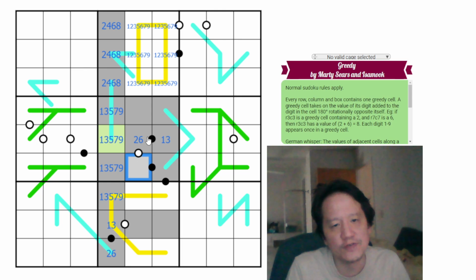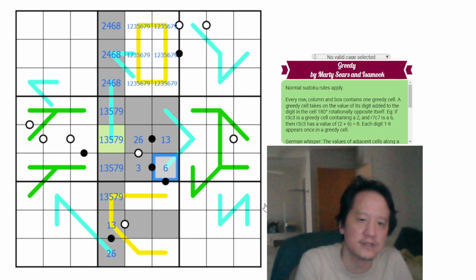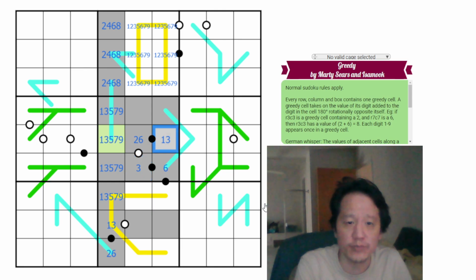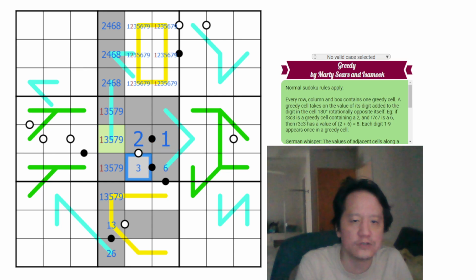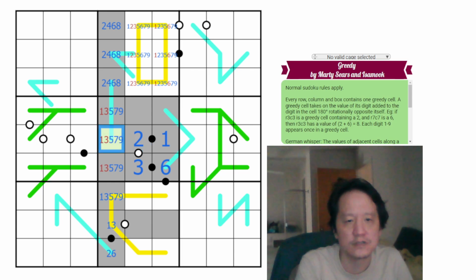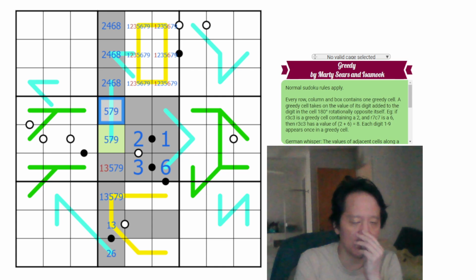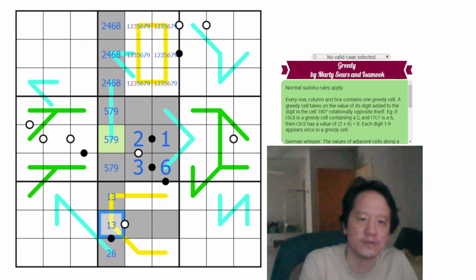So if this is 1 and 2, this would have to be 3 and 6. If this is 3 and 6, it cannot be 5 or 7, so it can't be consecutive. So we know this is 1, this is 2, this is 3, this is 6. So this has to be 5, 7, or 9, which means this is 1 or 3.